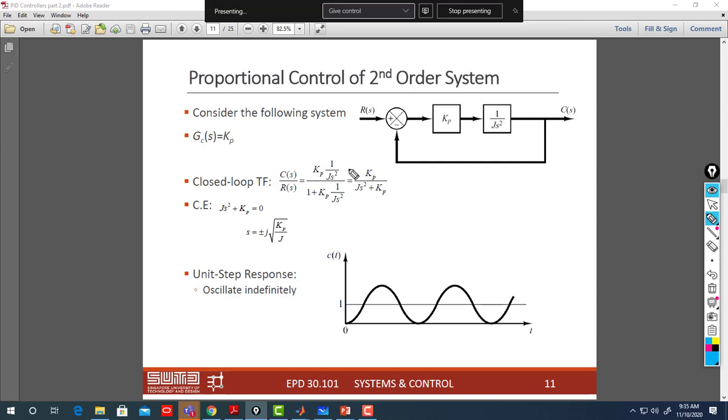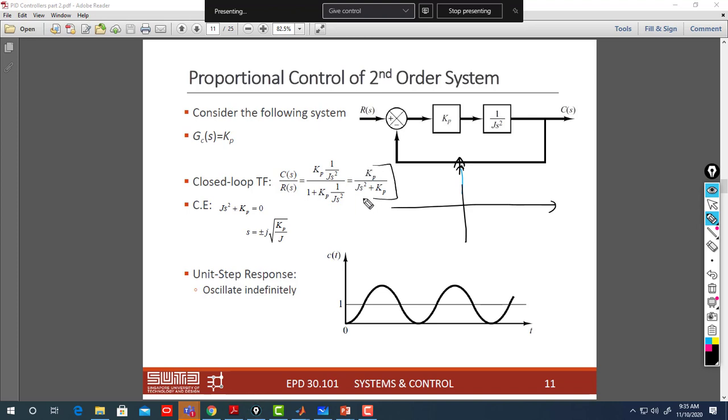After finding the closed loop transfer function, the second question is, where are the closed loop poles of this system? If you have the transfer function, you need to find the closed loop poles. How do we find them?